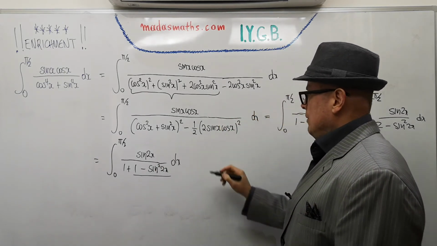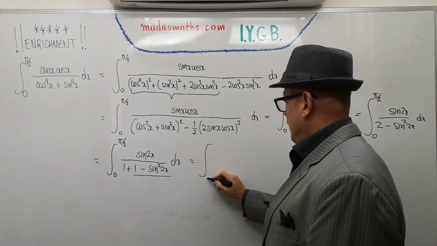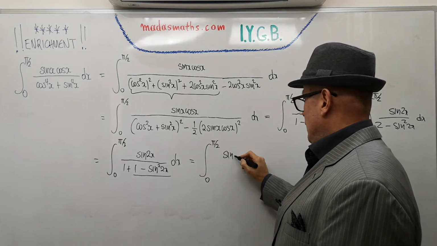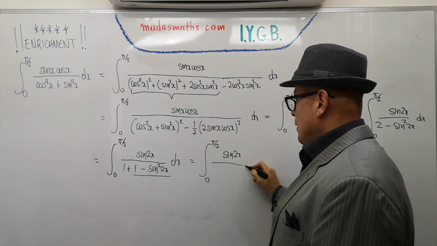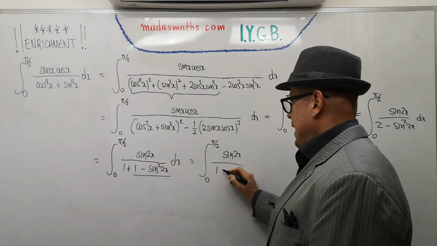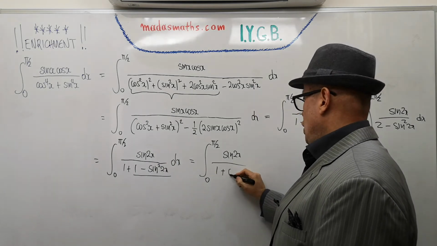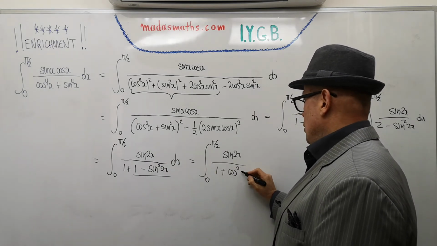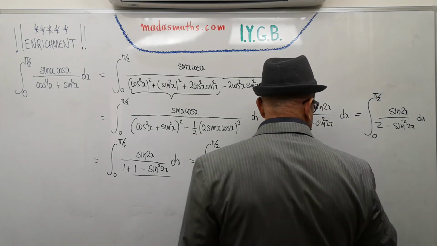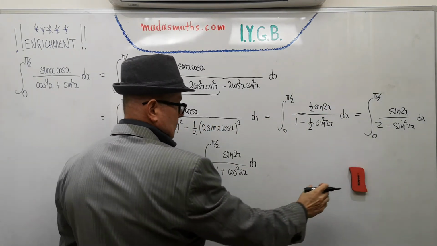And I can write this now as the integral from 0 to pi over 2 of sine of 2x, and now I have this one, and of course that's now a 1 plus cos squared of 2x. Is that better than what I had in there? I think that's a little bit better.